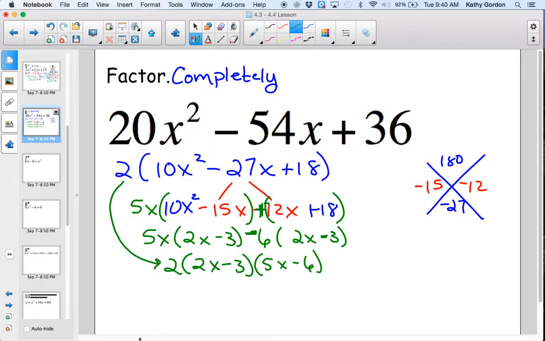Because you're going to need to take it out anyway. Either you ended up with a 10x minus 12 or you ended up with a 4x minus 6. Okay, one of those two is going to have that 2 taken out of it anyway, so take it out at the beginning and work with easier numbers. Okay?